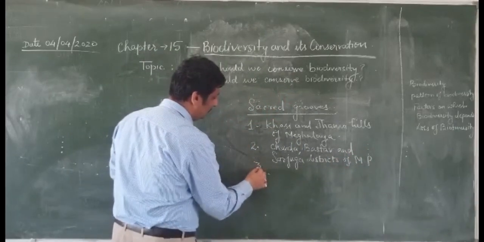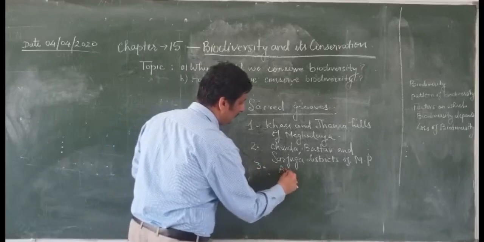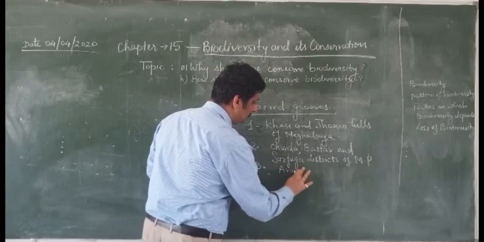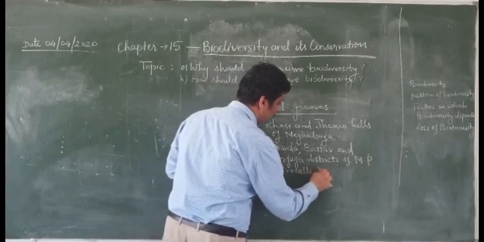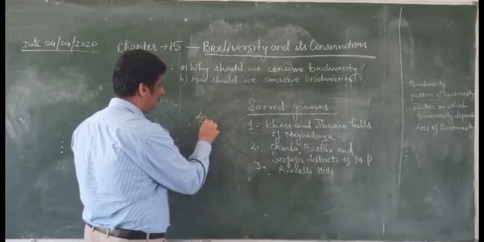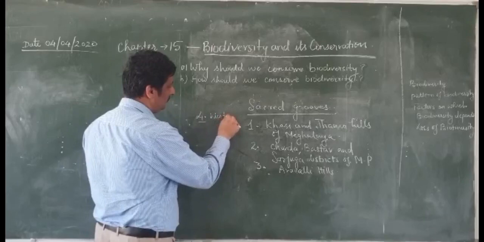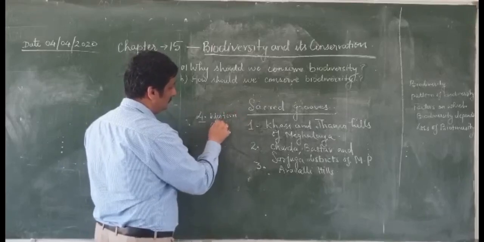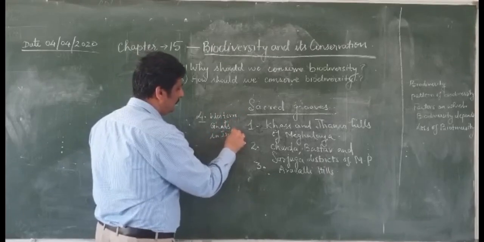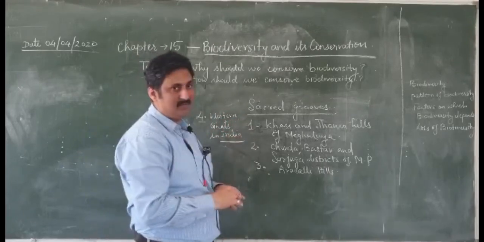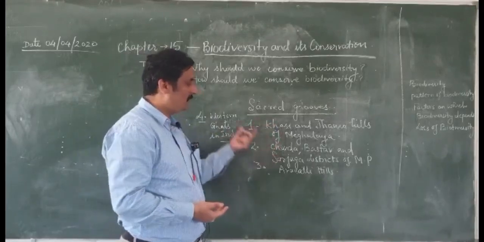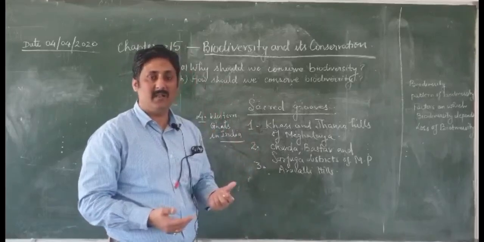Third one is Aravali Hills, and the fourth one is Western Ghats in India. These are sacred groves. Many of the threatened and endangered species have been protected in these sacred groves by different communities.